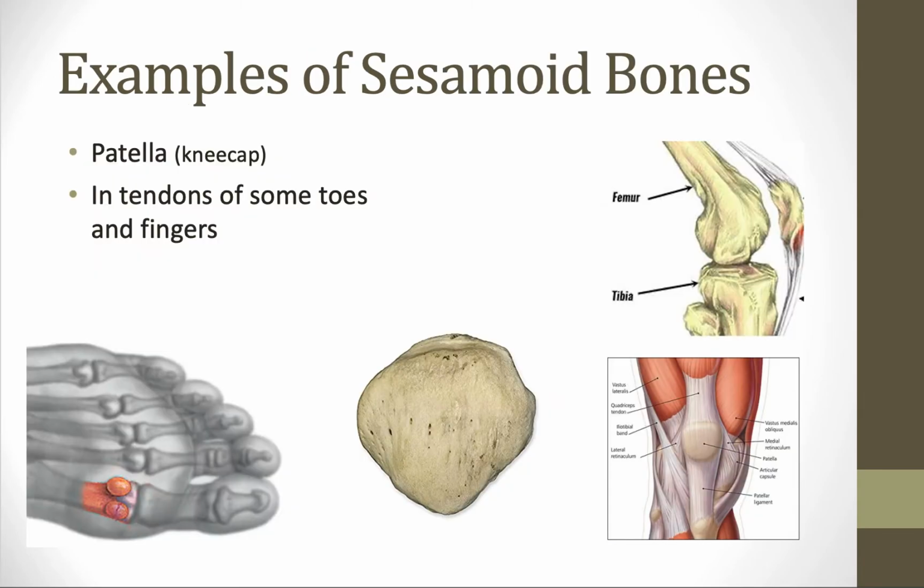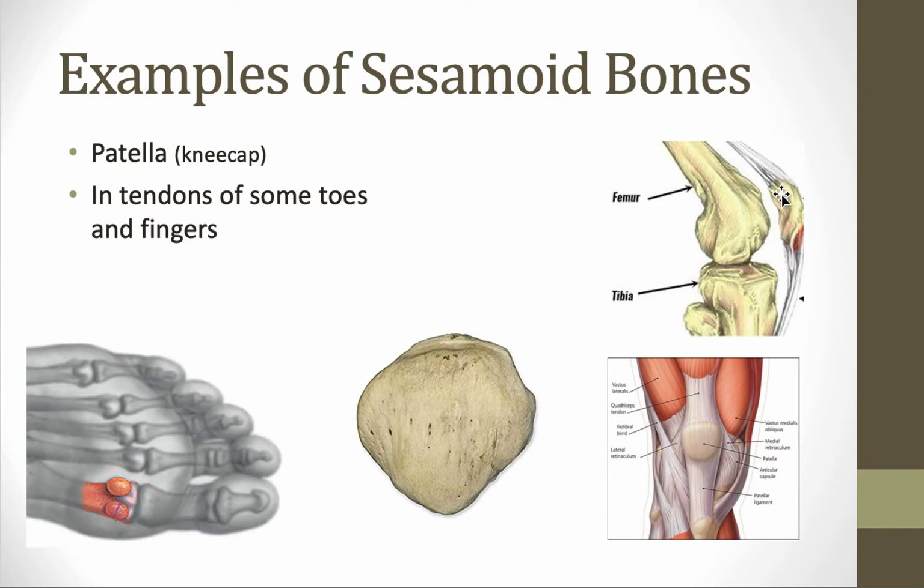So for example, our biggest and most well-known sesamoid bone is your patella, which is your kneecap. And so if you look here, you can see that the patella is very mobile because it's not actually attached to any other bones. It just sits within your quadriceps tendon. So here you have your patella, and this is going to glide on the end of your femur when you flex and extend your knee.